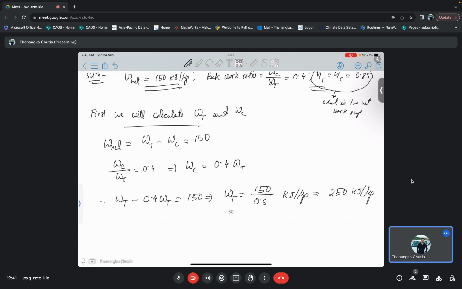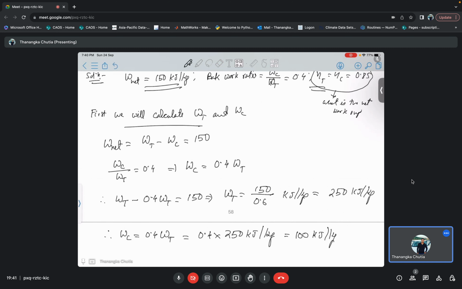Therefore WC is 0.4 times WT, 0.4 into 250 kilojoule per kg, so that is 100 kilojoule per kg.